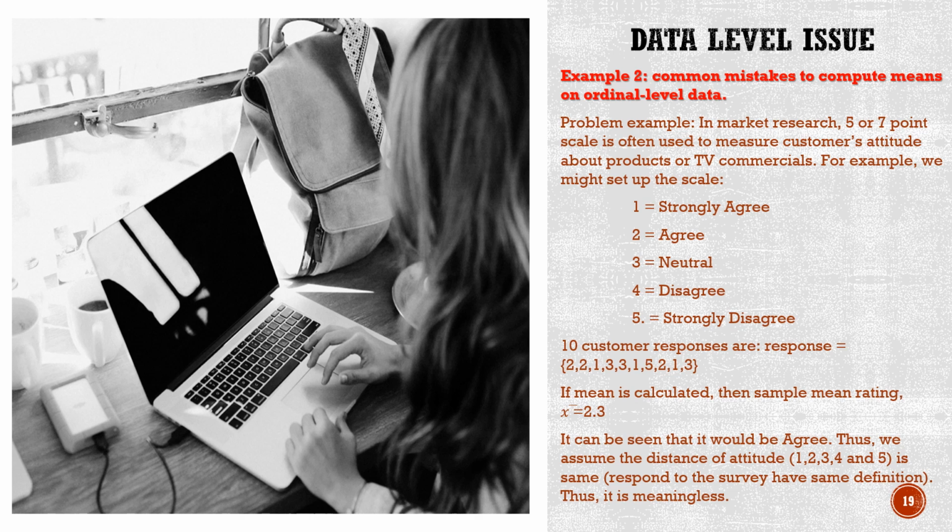So what you need to do, instead of calculating the mean in this kind of situation, is again calculate the frequency or the count for each category. Basically, the category with the highest count will indicate the customer attitude towards the products or the TV commercial.